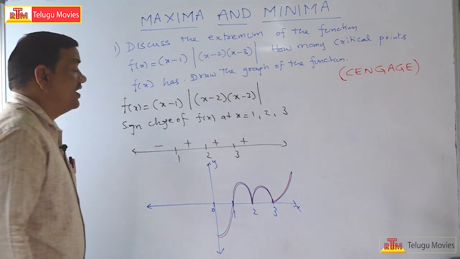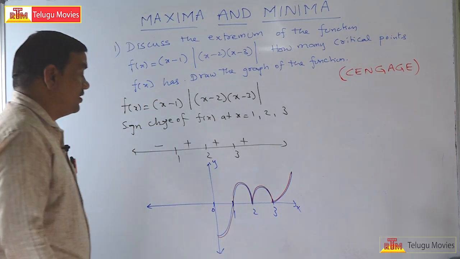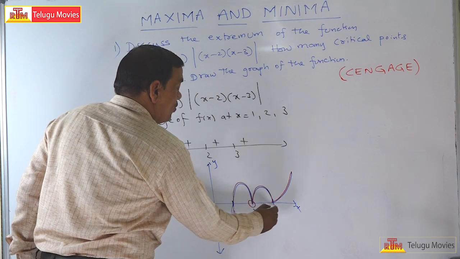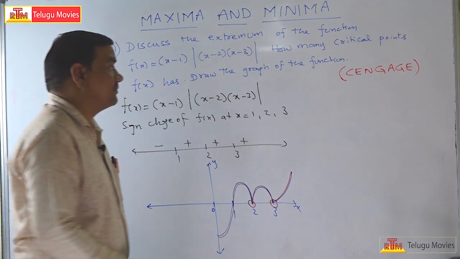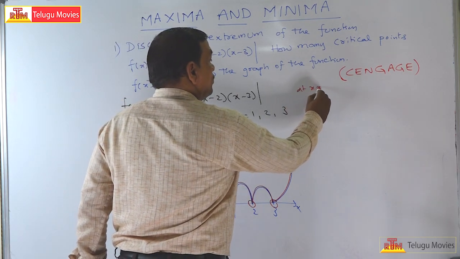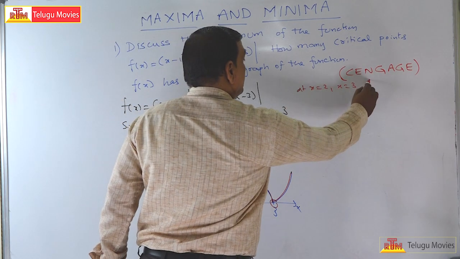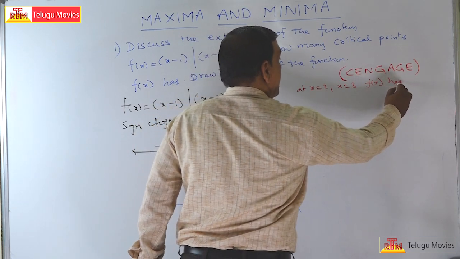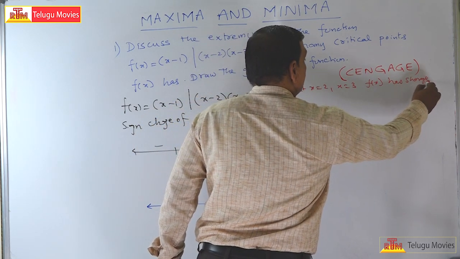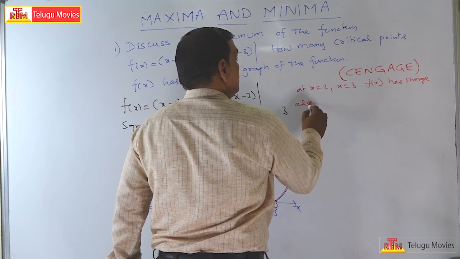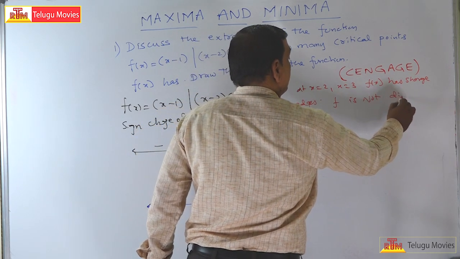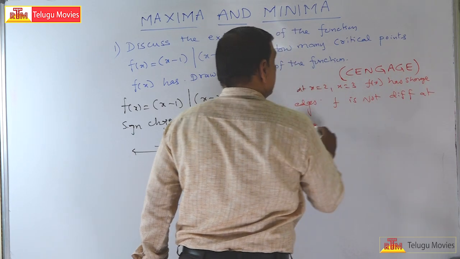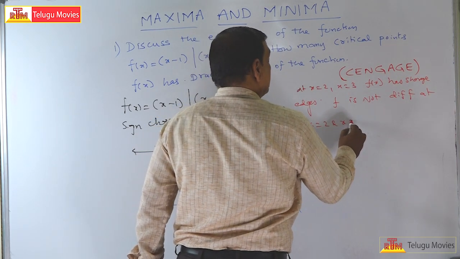Understand this clearly: if you observe at the points 2 and 3, the graph has sharp edges. At x equals 2 and x equals 3, f of x has sharp edges. Therefore, f is not differentiable at x equals 2 and x equals 3.